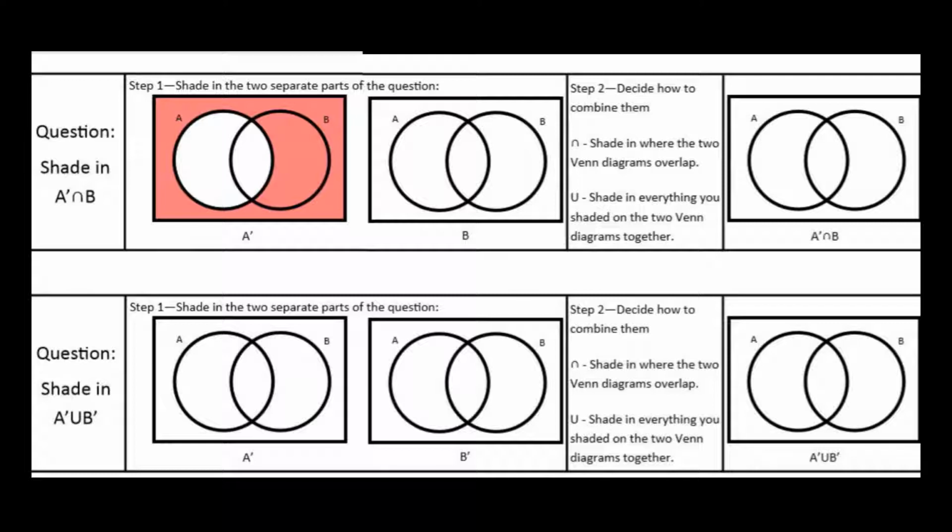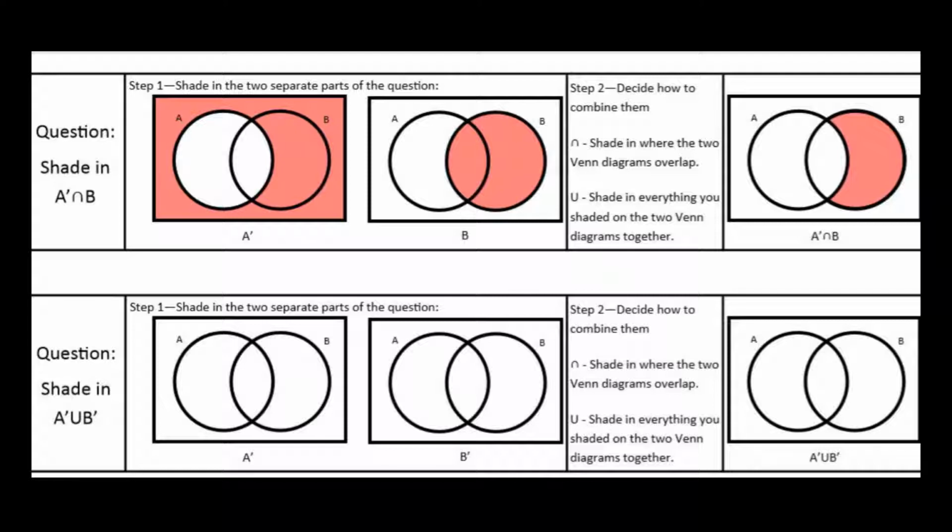Not A, B. And since we're looking for the intersection, we want to shade any region that is shaded in both of these original diagrams. So any overlap between these two gets shaded for our final diagram.